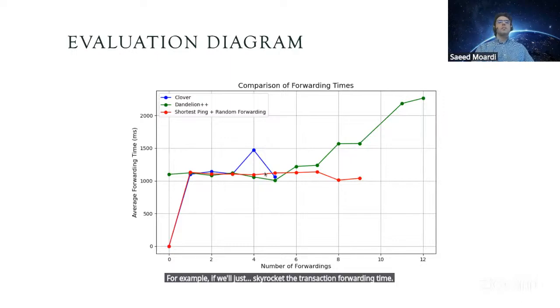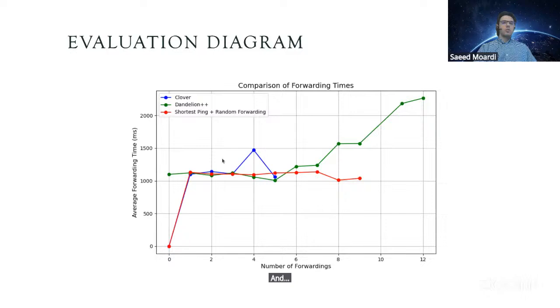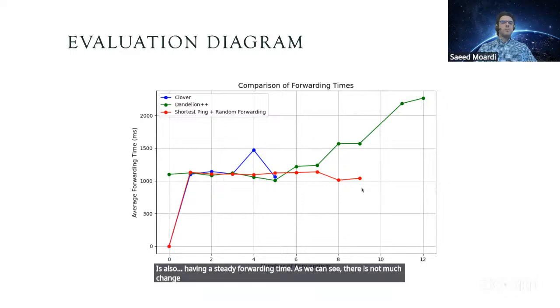However, on the other hand, Clover could maintain a good balance between the number of forwardings and the average forwarding time. The shortest ping, or the fastest ping, as I talked about, also has a steady forwarding time. As you can see, there is not much change based on the number of forwardings that you do.